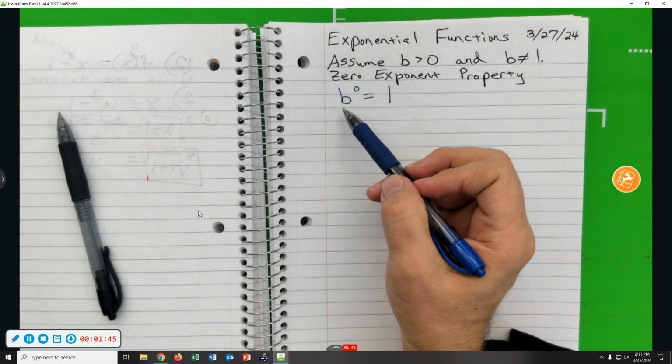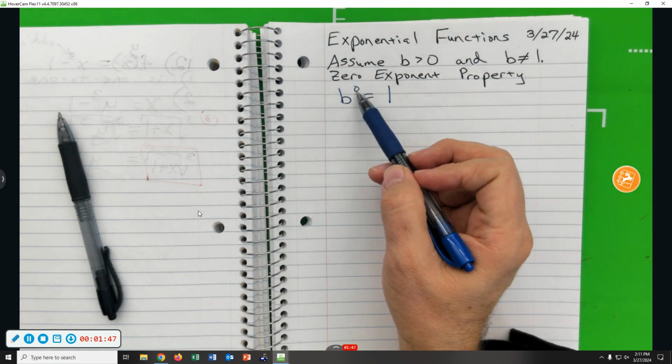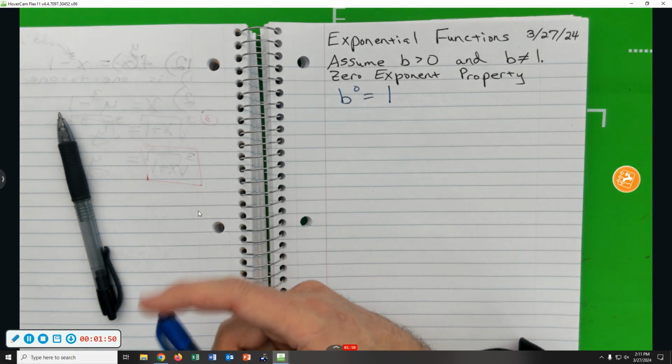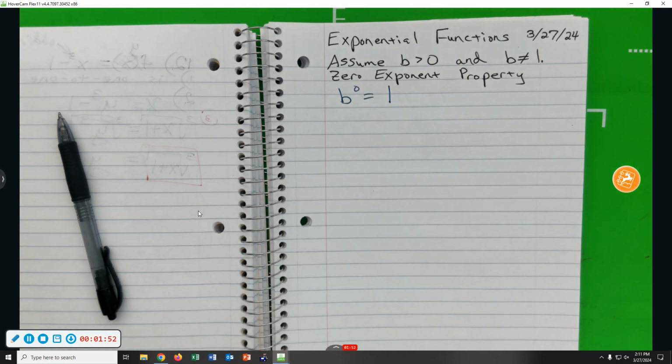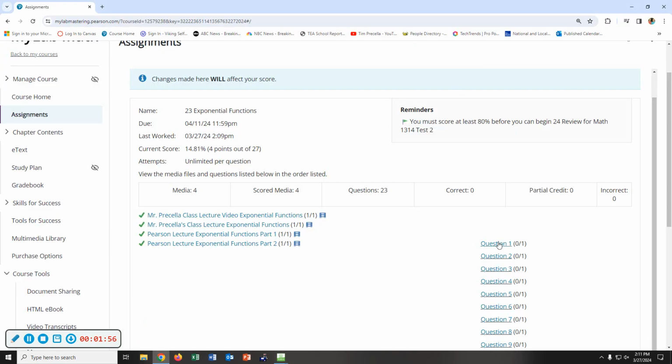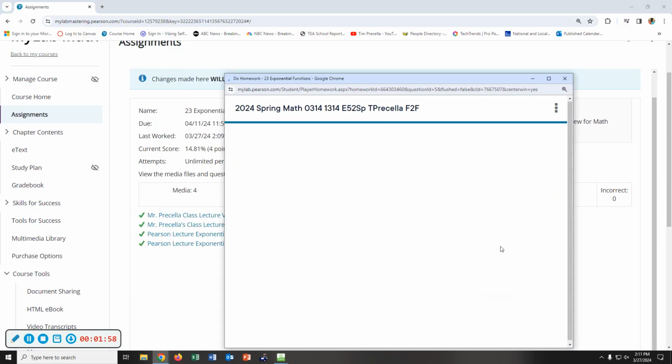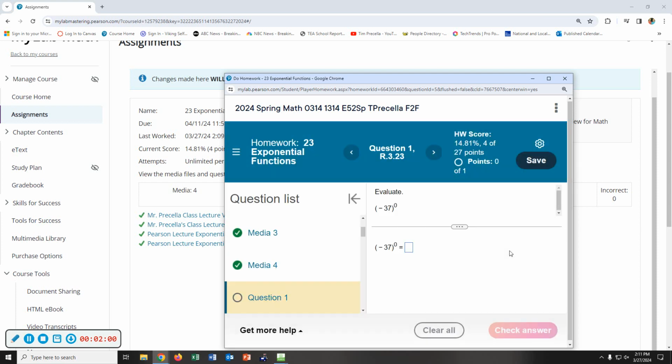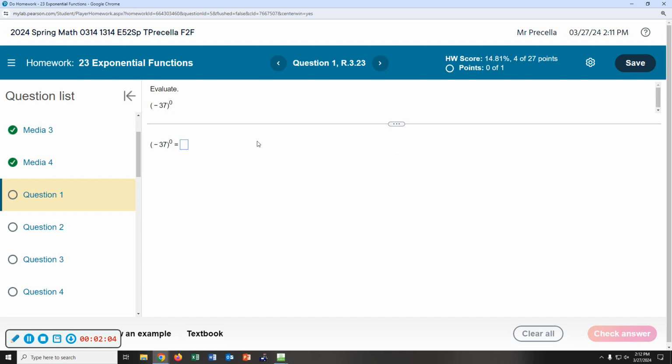Any non-zero number to the 0 power is going to equal 1. The common mistake is people think a non-zero number to the 0 is equal to 0. No, that's not the definition.